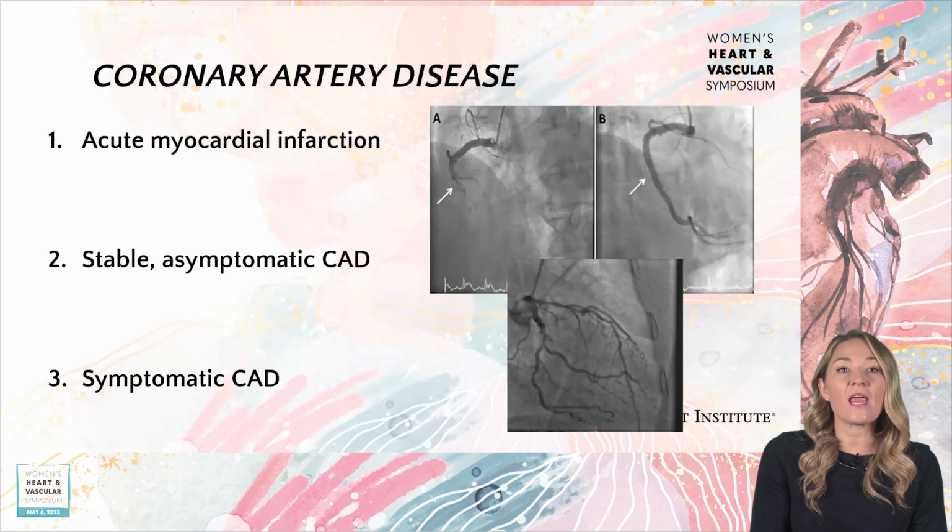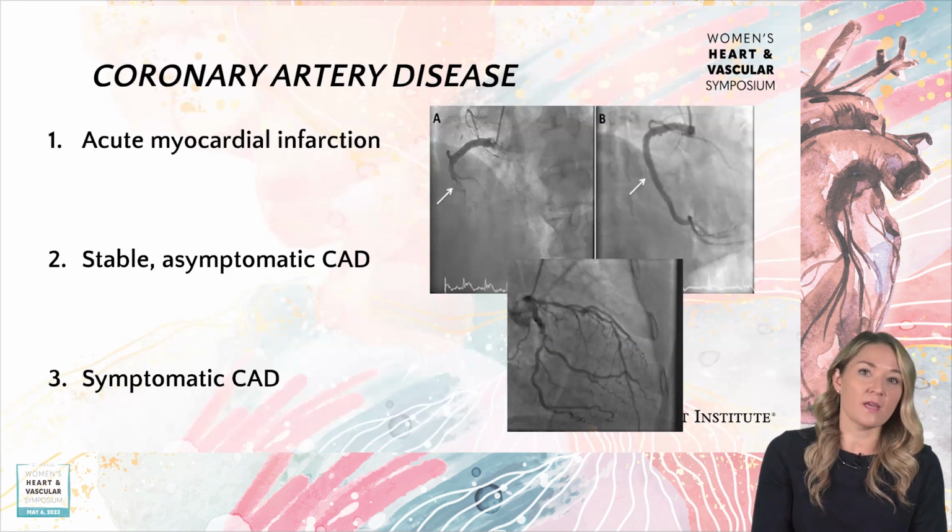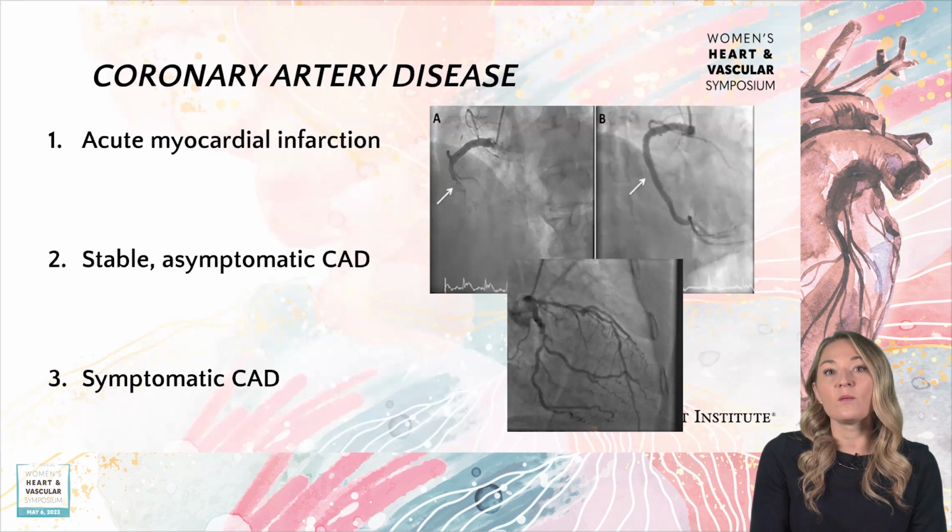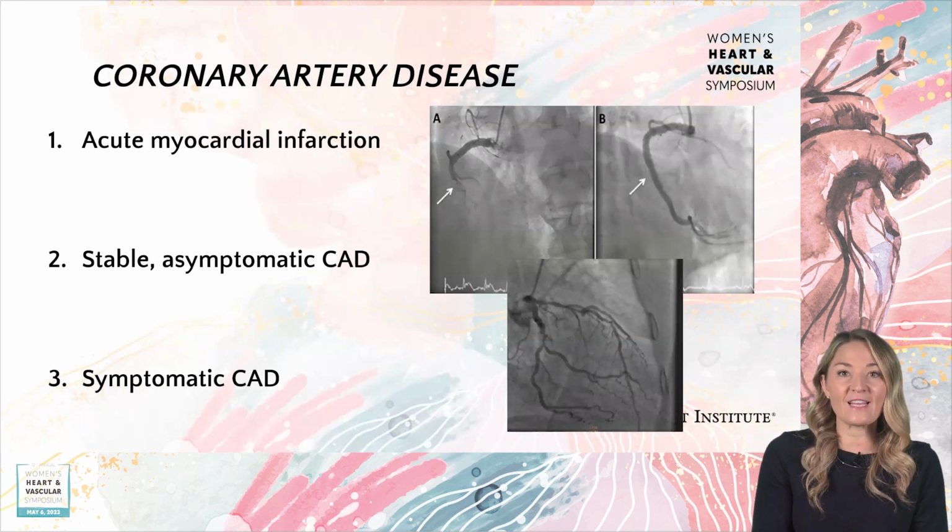That's figure A up there, and it looks like the blood stops. It's just chopped off. And then if someone comes in with a heart attack and they get it fixed with a stent, B is what we hope it looks like at the end, widely open and patent, so we can give that muscle blood flow and prevent muscle damage.